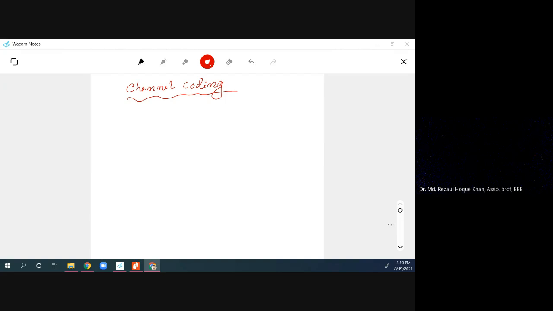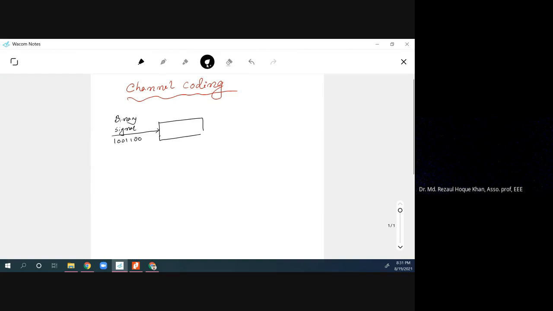Let us draw a schematic diagram, a communication schematic diagram. For example, we want to transmit a binary signal, which is like 1001100, whatever. Then it goes to an unknown block.